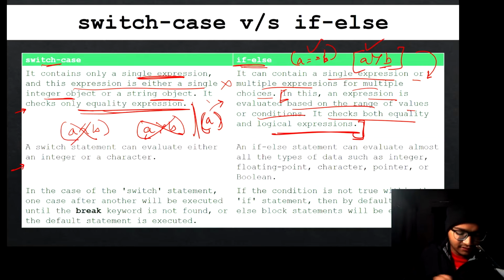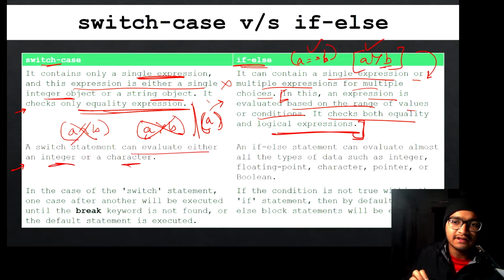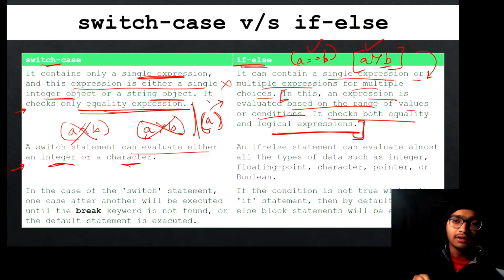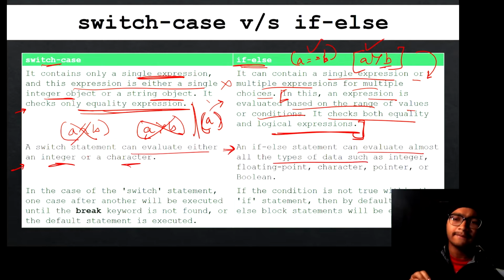Now let's see the other difference. A switch statement can evaluate either an integer or a character. That means it can only evaluate conditions where an integer or a character is involved. But in if else, the statements can evaluate almost all types of data, that is integer, floating point, character, pointer, or boolean. Right? So what can switch compare?